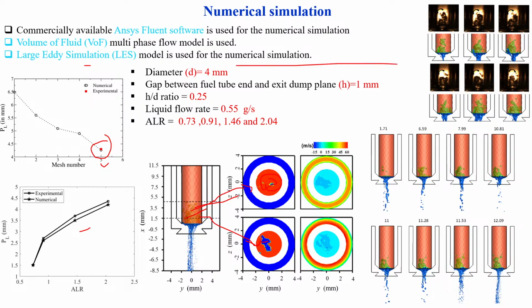These are my geometrical and operating configurations for this numerical simulation study. The diameter is 4 mm and the gap is 1 mm, and to bring the SPD ratio of 0.25, the liquid flow rate is 0.55 grams per second. I performed it with a constant liquid flow rate, achieving the different ALR ratios by varying the airflow rate.